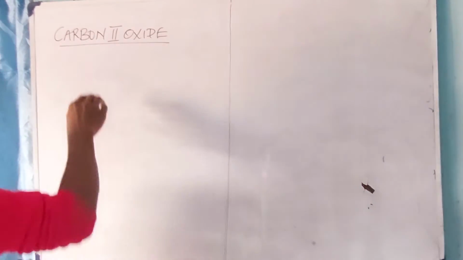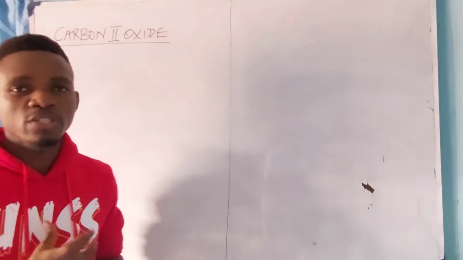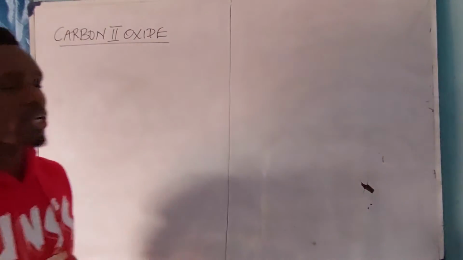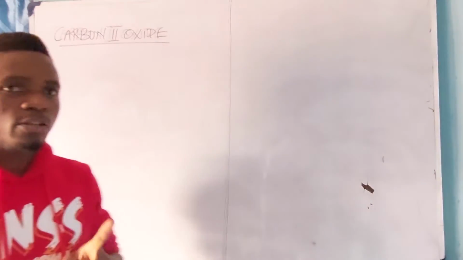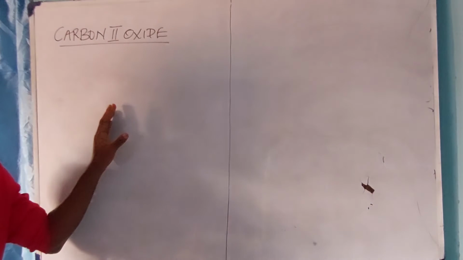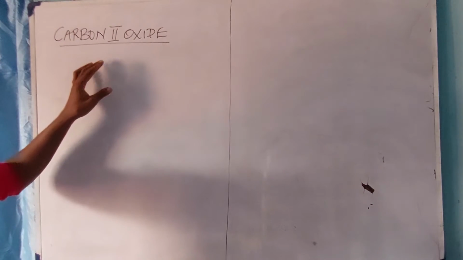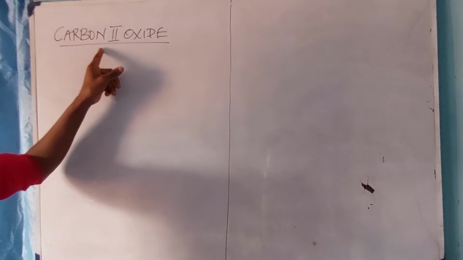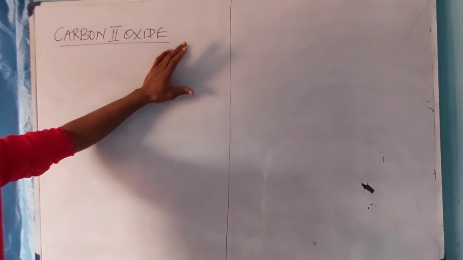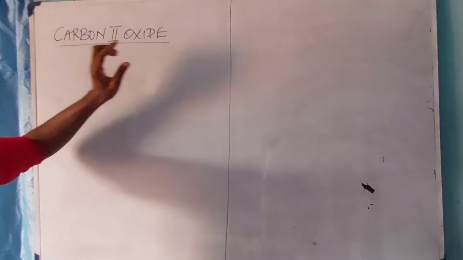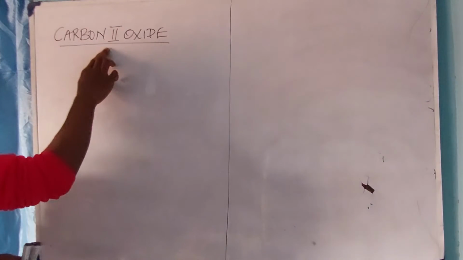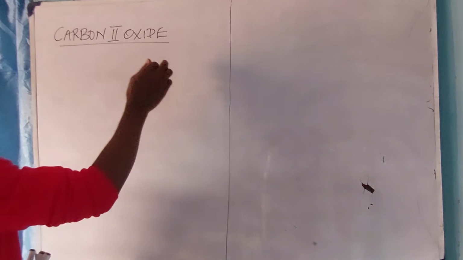Now, this carbon 2 oxide has the ability to compete with oxygen in the blood. You know that hemoglobin is the oxygen carrier in the blood. Please take note of this: hemoglobin has a greater affinity for carrying carbon 2 oxide than carrying oxygen.